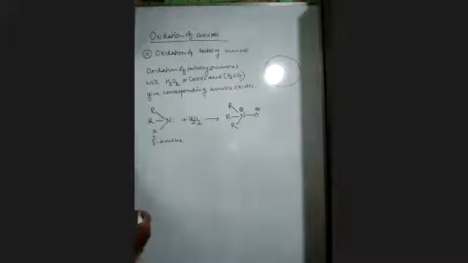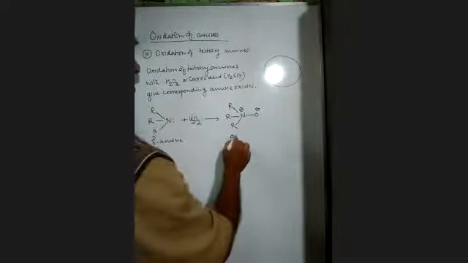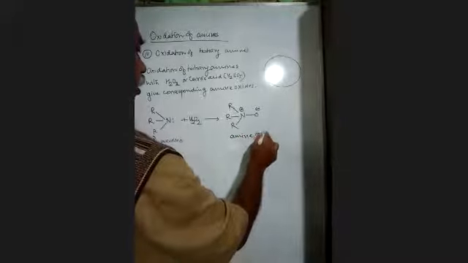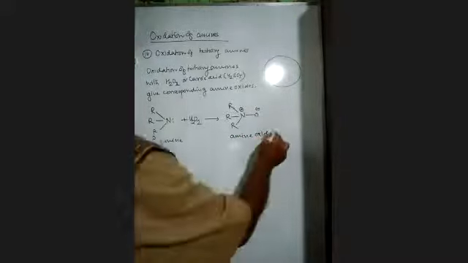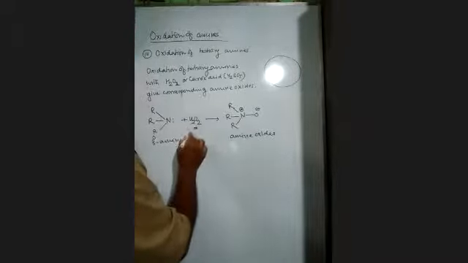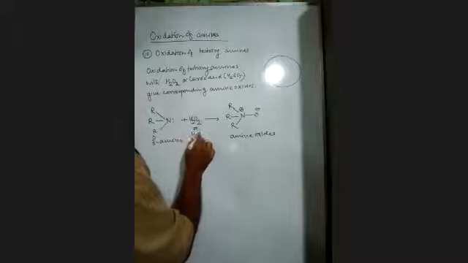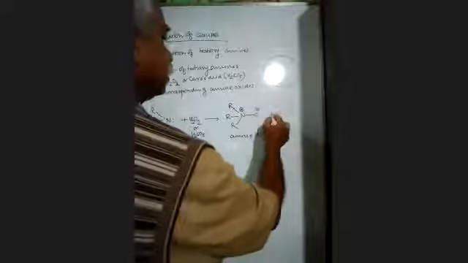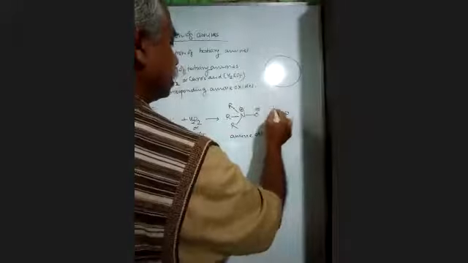This is called amine oxides. So you can write here H2O2 or H2SO5. If you take H2O2, you will get water.